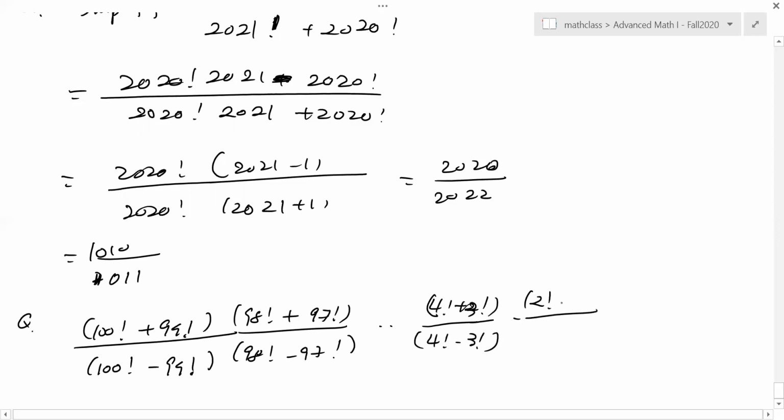And here 2 factorial plus 1 factorial, 2 factorial minus 1 factorial. Right. So remember, you should be able to cancel lots of terms.